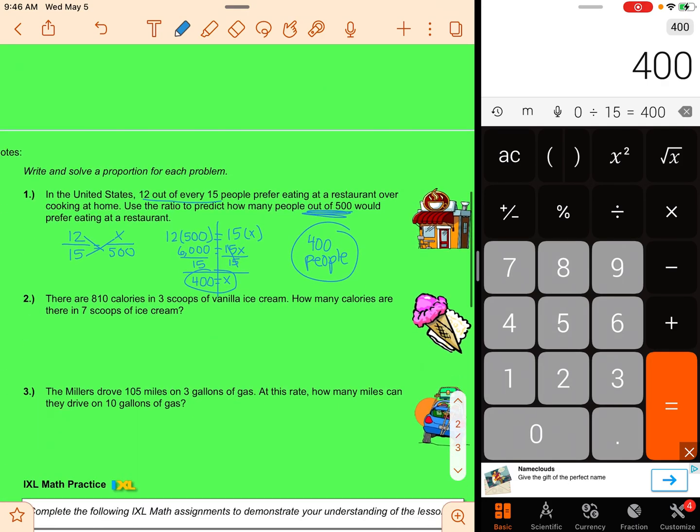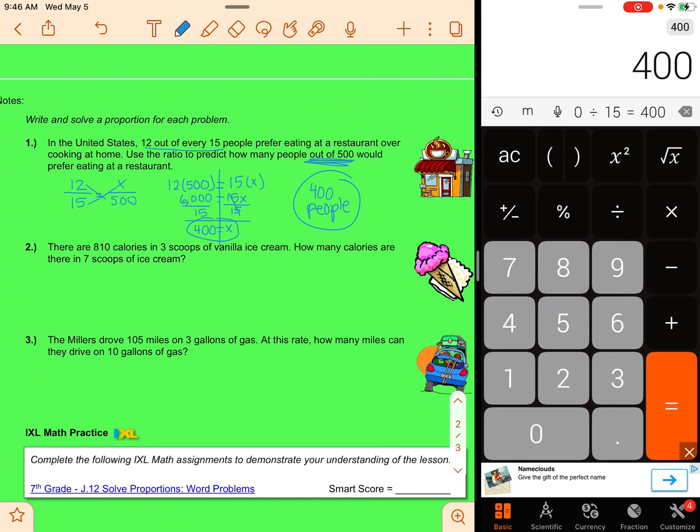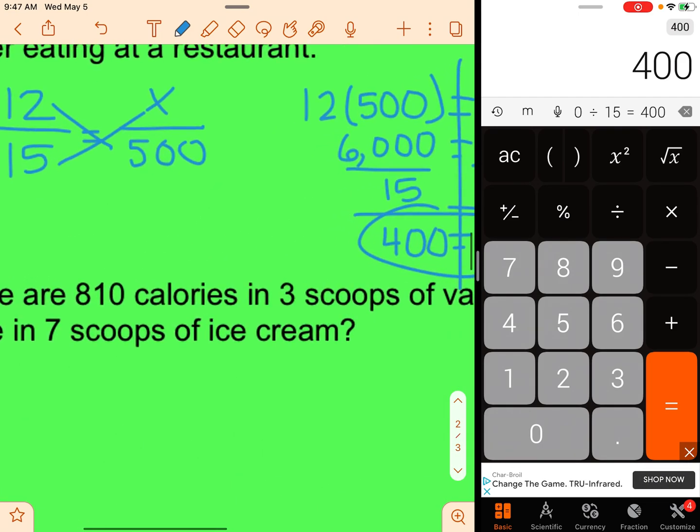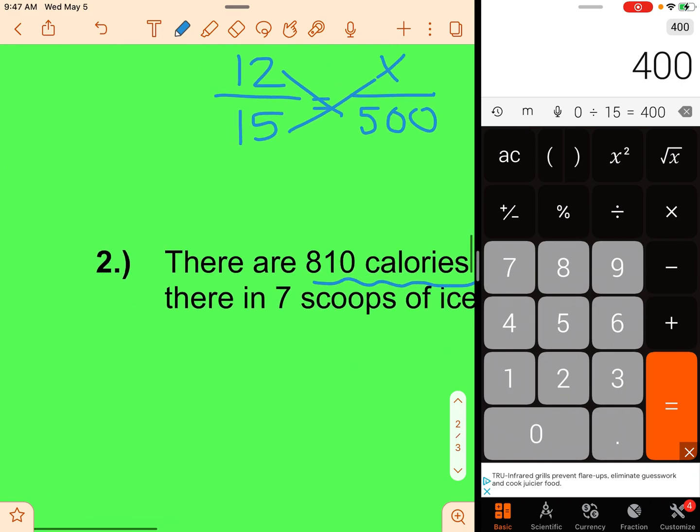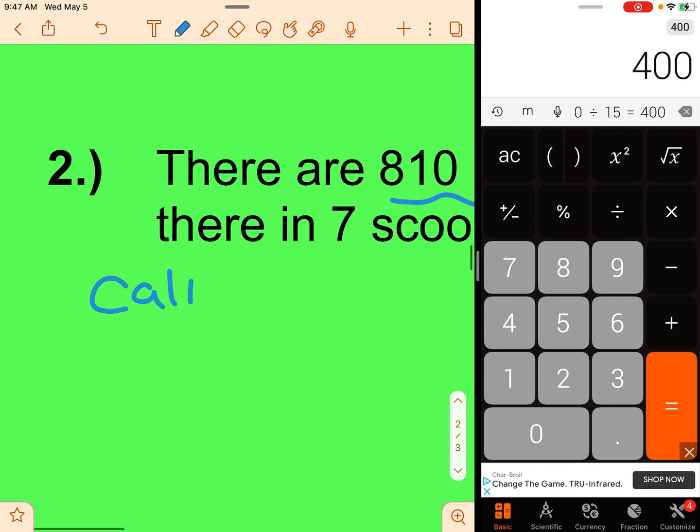Next, let's go to number 2. There are 810 calories in 3 scoops of ice cream. How many calories are there in 7 scoops of ice cream? Looking at our first ratio, 810 calories in 3 scoops, that tells us we're doing calories over scoops.